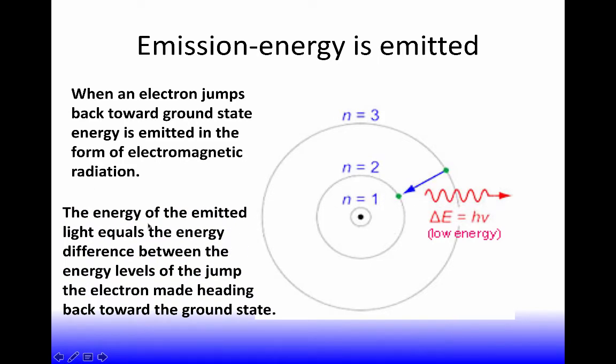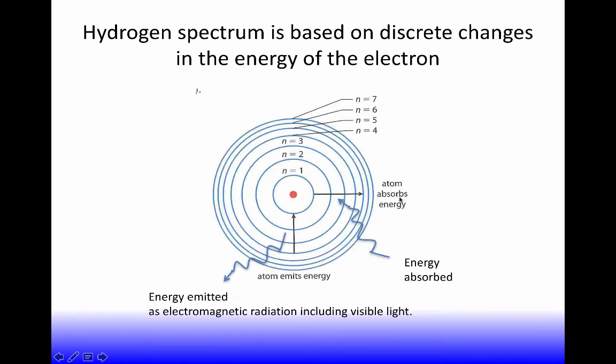And the energy emitted will equal the energy difference between the energy levels, between the jumps. So we can actually predict what wavelength of light would come out if we know the energy here and the energy there. Now, the hydrogen spectrum is based on this discrete set of changes. So the way it works, as you're going to find out, is each energy level essentially corresponds to a period in our periodic table.